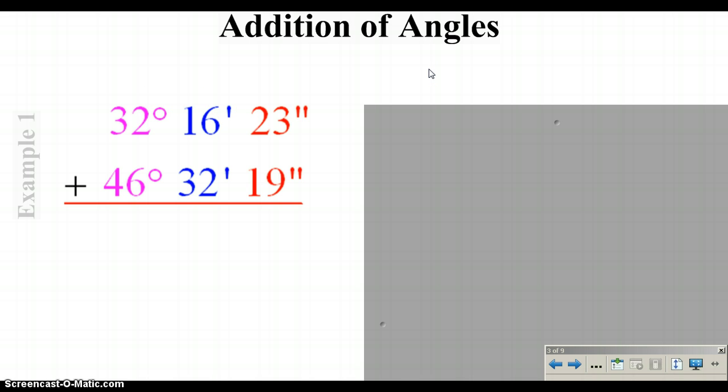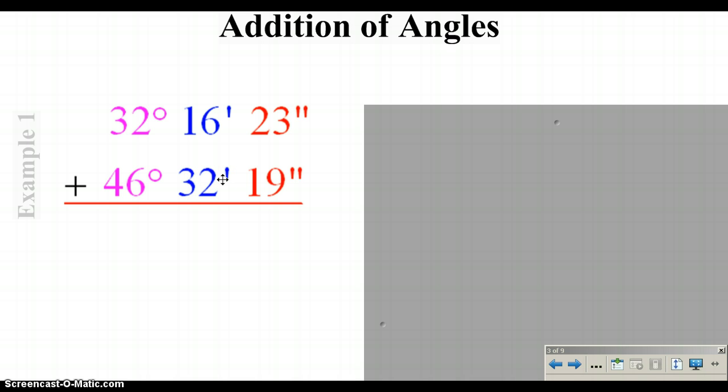So if 32 degrees and 30 minutes makes half of an angle, this is a little less than 32 and a half degrees. This is 46 degrees, 32 minutes, and 19 seconds, which is a little over 46 and a half degrees.